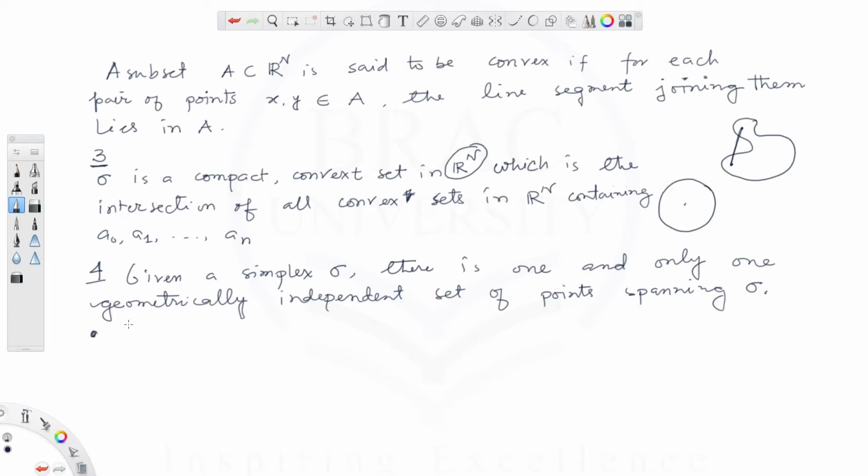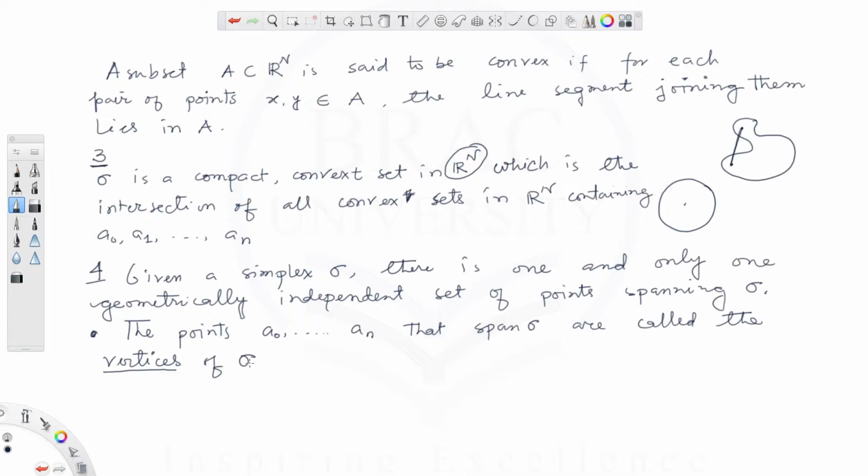So the points A0, A1 all the way up to An that span this n simplex sigma are called the vertices of sigma. Associated with an n simplex sigma, there are n plus 1 vertices.